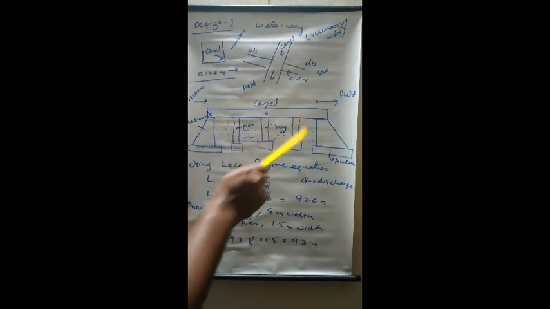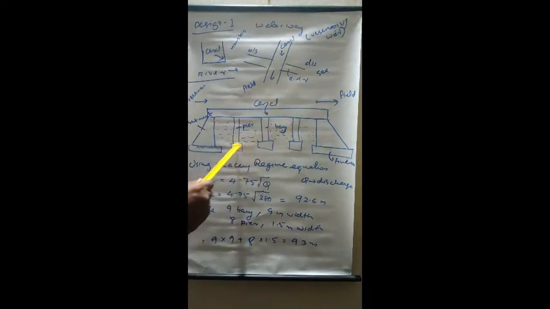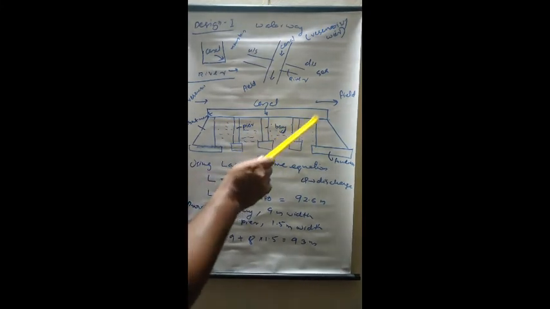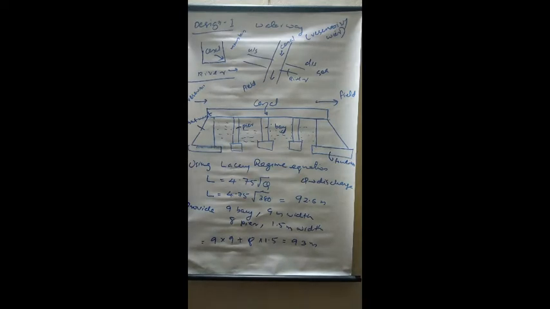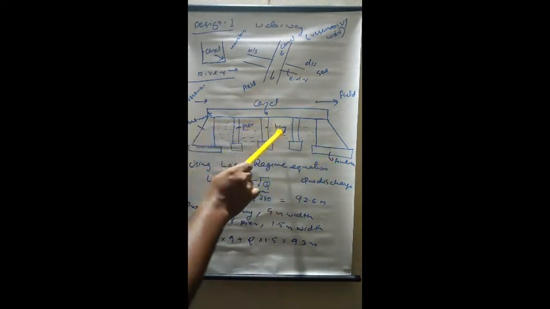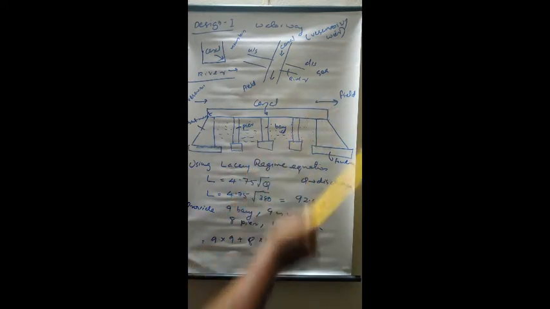So here in this figure, we have 3 piers and 4 bays. So this is only to explain about the abutment, pier, bay, foundation and the canal.